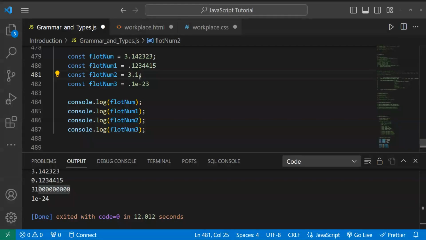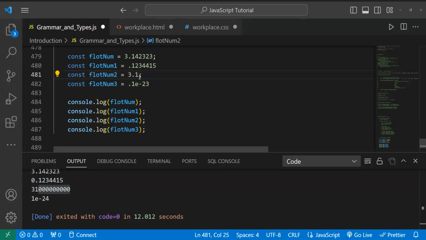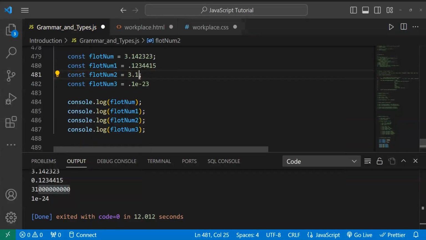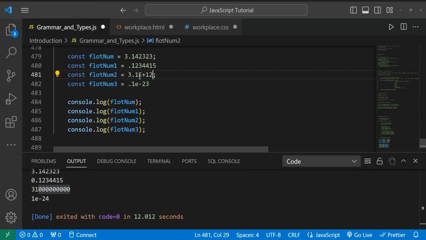We can just do this operation in that way. We can just say 1a, and we can put plus 12, etc. Like the 12 zeros we want with that one. So e plus 12 means that we want 12 zeros in this operation, like after 3.1, right? That's the case we are talking about.